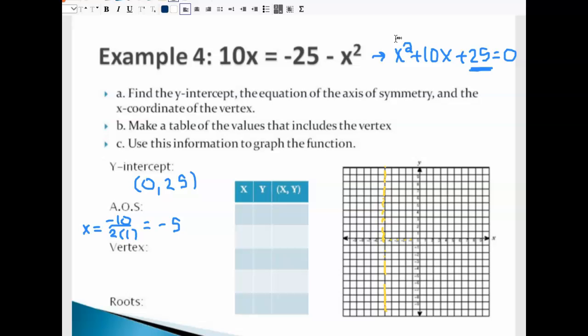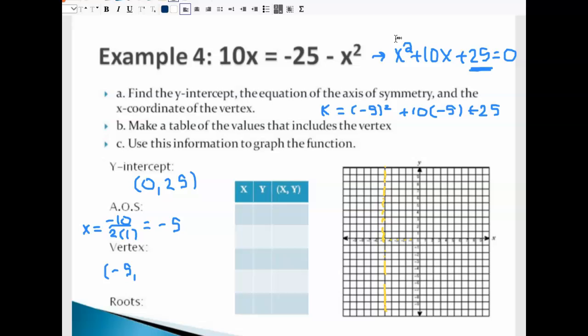And then our vertex is (h, k). So I have to find my k value by plugging h in. That's negative 5 squared plus 10 times negative 5 plus 25.